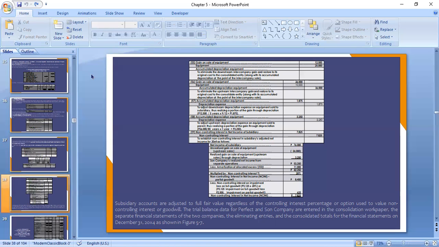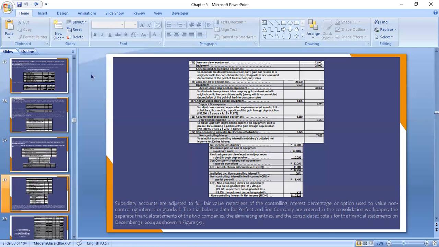So we now get the realized profit. If downstream, it's in the books of the parent, but if upstream, then it's in the books of the subsidiary.